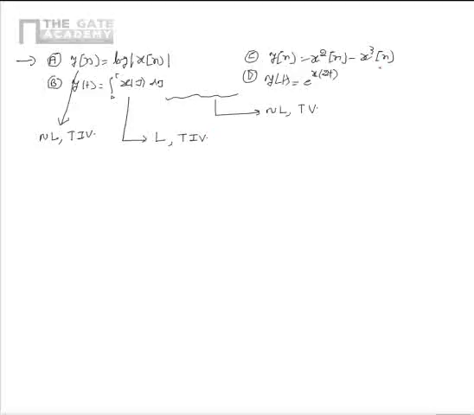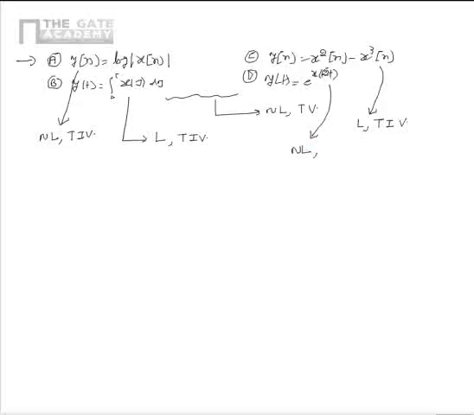Now we see that the system in option C satisfies superposition principle, so it is linear. Also the output due to delayed version of input is equal to delayed version of output, so this system is time invariant. Finally, we see that the system in option D is non-linear as it doesn't satisfy superposition principle.